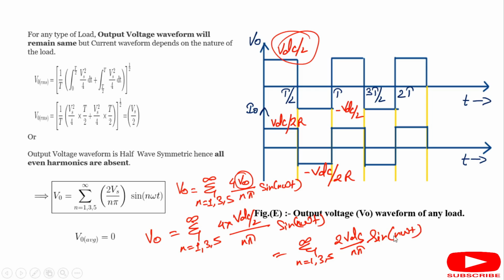So this is the Fourier expression of the square wave output voltage. This is all about the single phase half wave voltage source inverter.